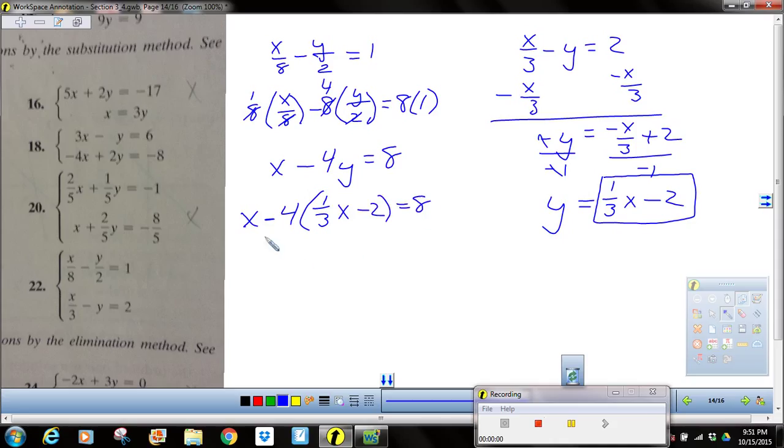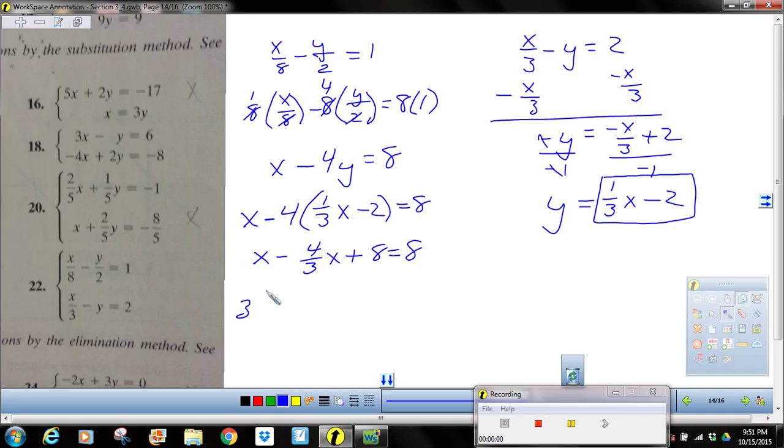After I get rid of my parentheses, I'll probably go ahead and get rid of the fractions again. 4 times 1/3 is 4/3 x, negative 4 times negative 2 is plus 8, equals 4/3. Now, let's just get rid of the fractions.